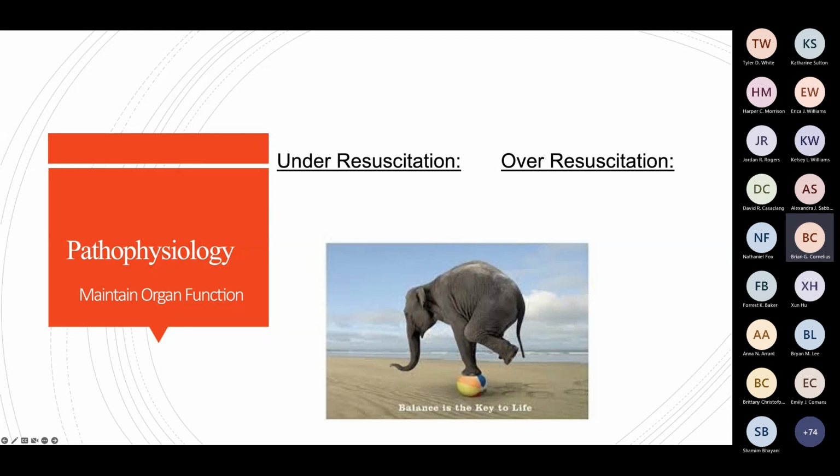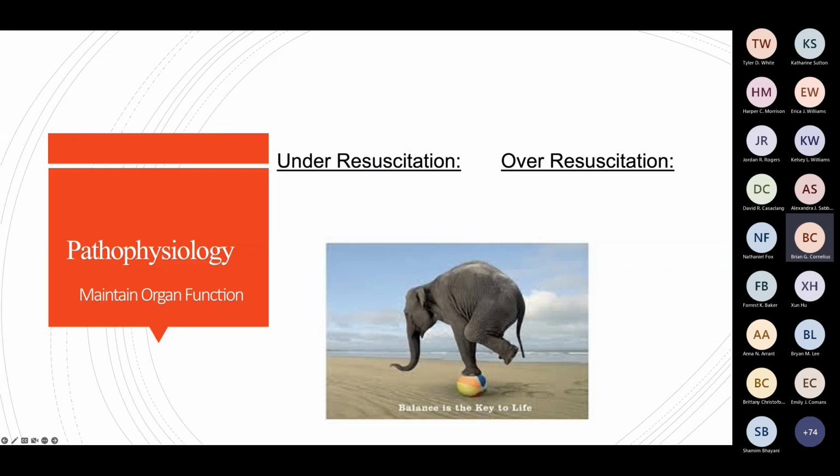One, because they tend to be underperfused if you have that relative hypovolemia, and two, because you have so much muscle injury, you have a lot of myoglobin and contaminants that get into the kidneys and tend to bind them up, which can lead to a kidney failure. Outside of that, you can also have any sort of end organ failure you can imagine, lungs, liver, but kidneys tend to be the most susceptible just because of that kind of combination punch of the byproducts as well as the hypoperfusion.